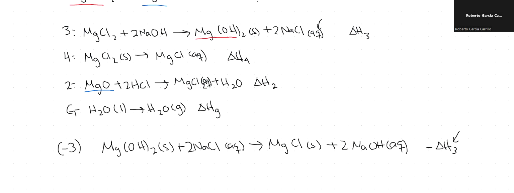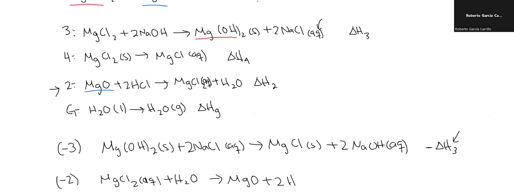Then we do the same for the second reaction. So magnesium chloride in aqueous solution plus water equals magnesium oxide plus hydrochloric acid.